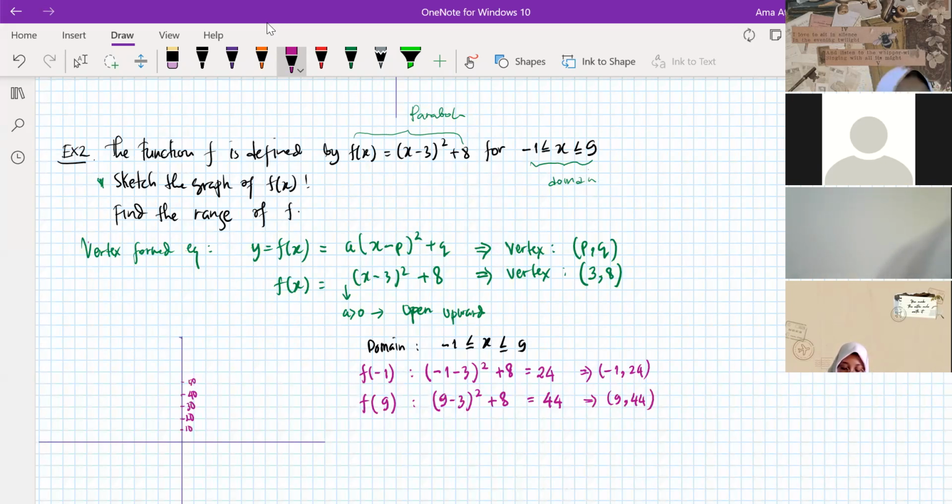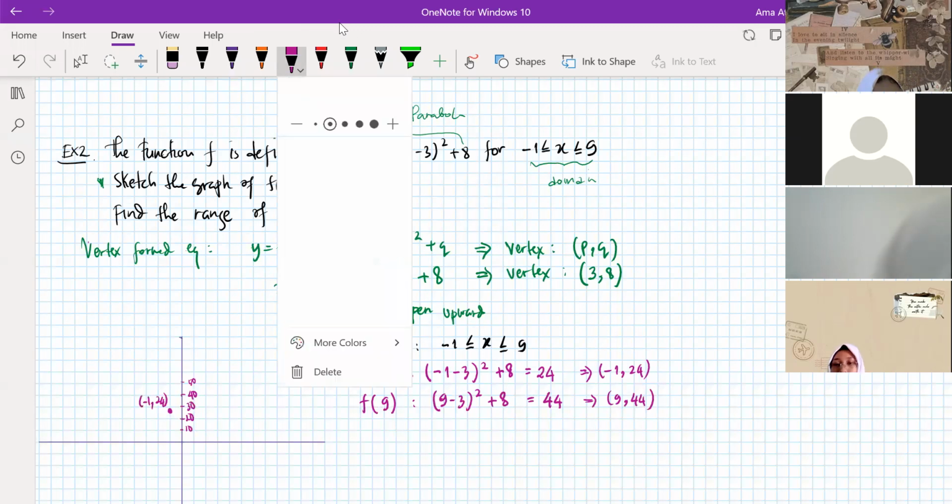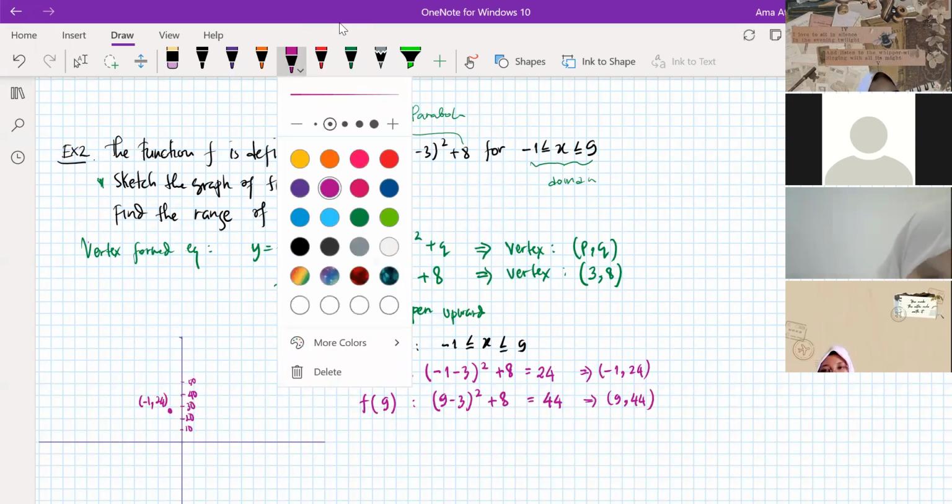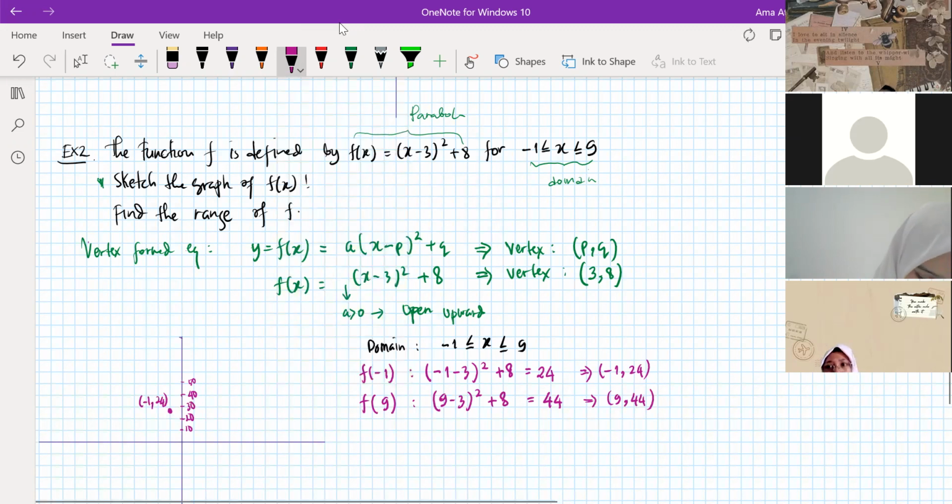Okay, so for negative 1, it is 24. So 24 is between these, so this one. So it is negative 1 comma 24. And then I have 9 comma 44.